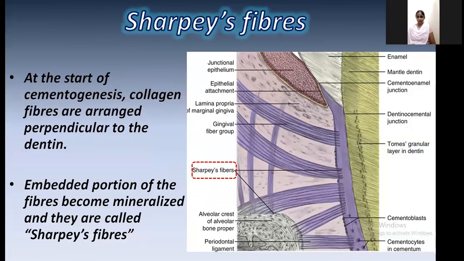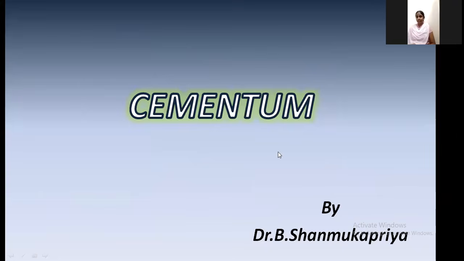Sharpey's fibers. At the start of cementogenesis, collagen fibers are arranged perpendicular to the dentin. The embedded portion of the collagen fibers becomes mineralized and these are called Sharpey's fibers. If you can see in this image, a part of the collagen fibers gets embedded in the cementum.